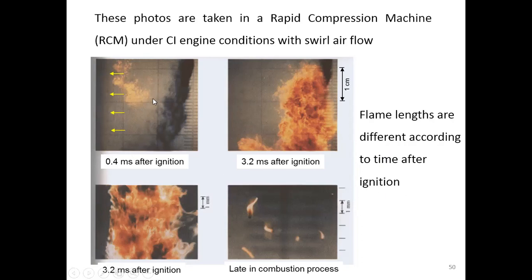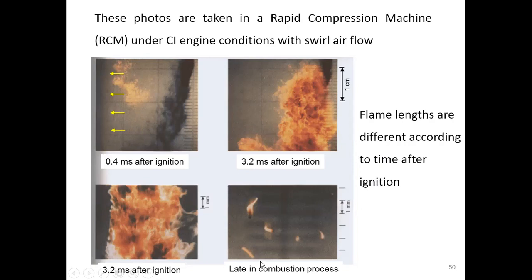So let's look at this one. 0.4 millisecond after ignition, you see the flame length is very short. And 3.2 milliseconds after ignition, you see the flame length like this, or maybe like this.